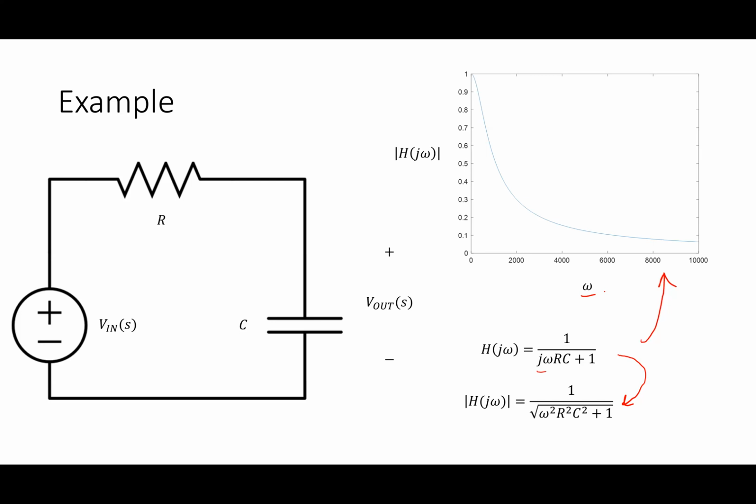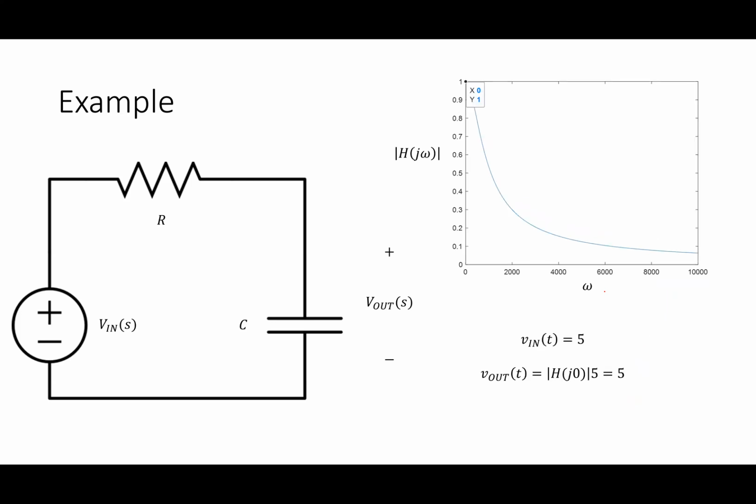So what I see is, when I had 5 volts as my input, I go to this point right here. 5 volts is at DC, so I go to DC. I say the magnitude of this thing is 1 at that frequency. So the output is the magnitude of the transfer function at that point times the input.